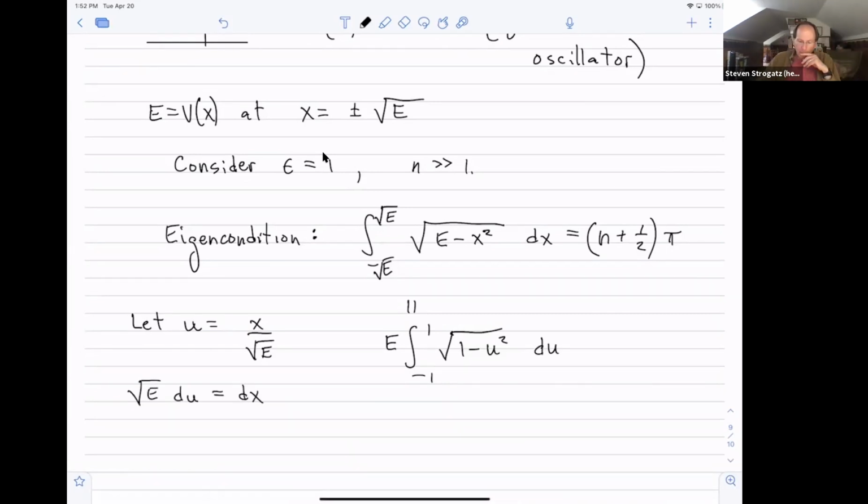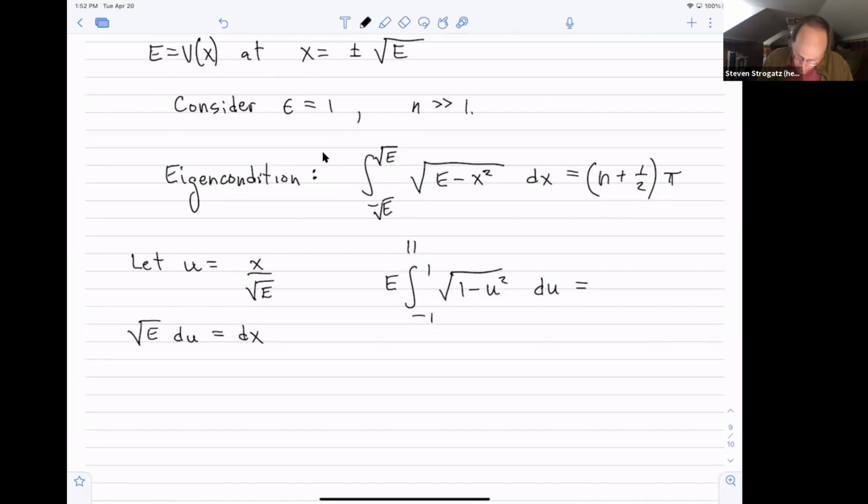So I get one square root of e when I replace the dx, and I get another square root of e from pulling it out of this expression and also pulling it out of the, after I do x squared, that becomes e times u squared, that comes out. So anyway, this is correct, what I've written on the left. And this I can do, that's exactly integrable and gives you pi over 2.